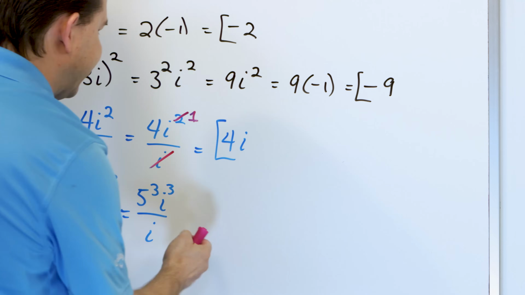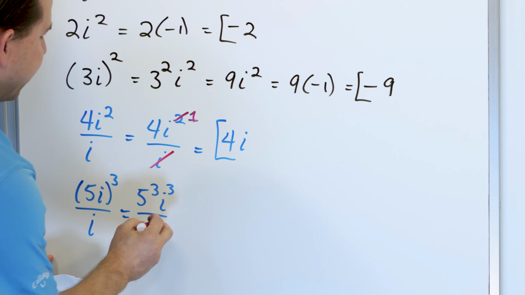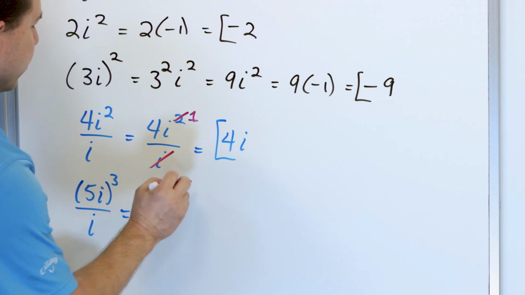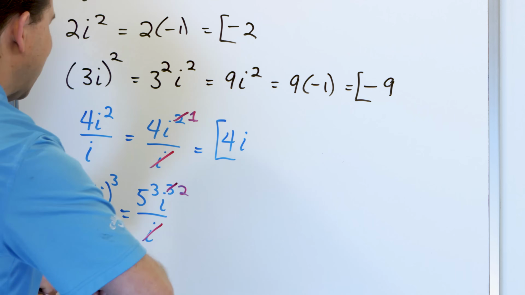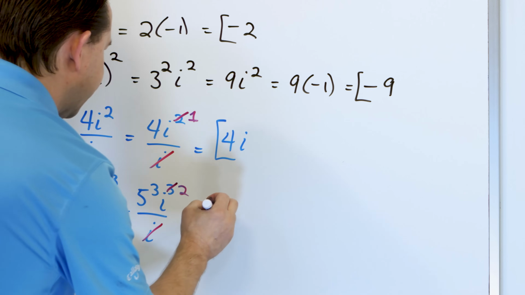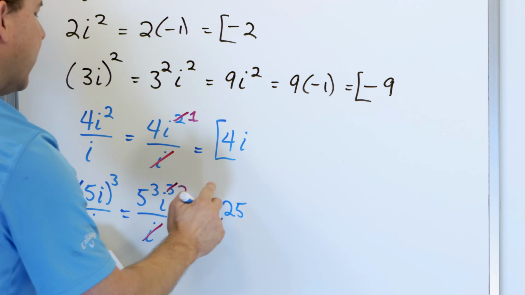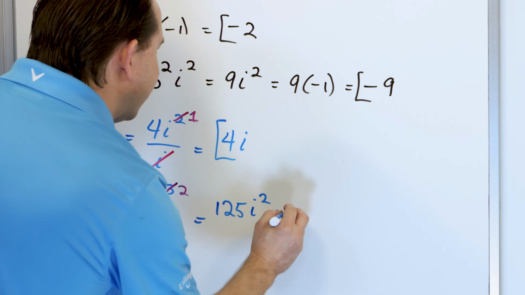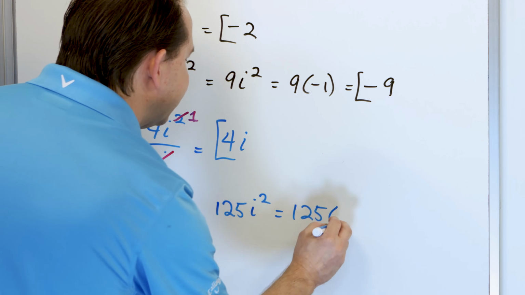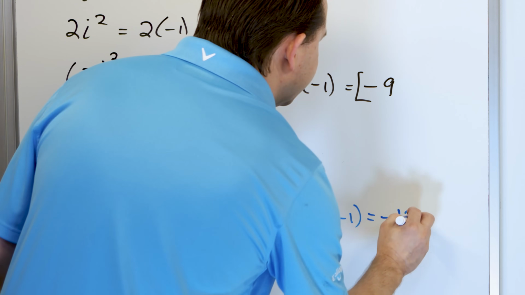I have the same variable, well, it's not a variable, it's an imaginary number, but you can treat it as a variable. That can cancel with this, leaving me 2 behind. So what I'm left with is 5 cubed, which is 125, but what's left over is i squared. We now know anytime you see it, you just replace it with -1. So what you have is -125.